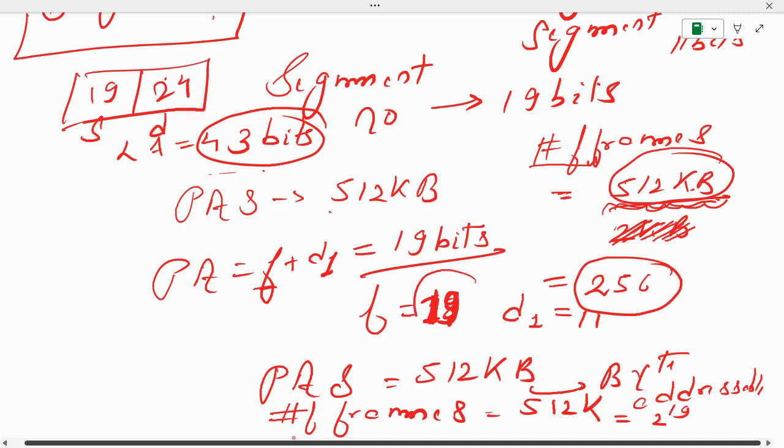So it is 19 bits, right? This is 19, and each page has a size of D1, 11 bits. So this is 11, and then we are adding these two together, so it is 29 bits, right?